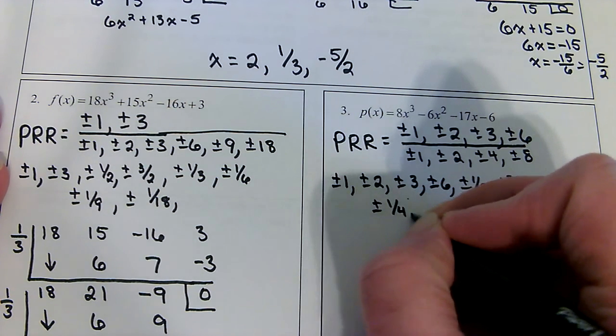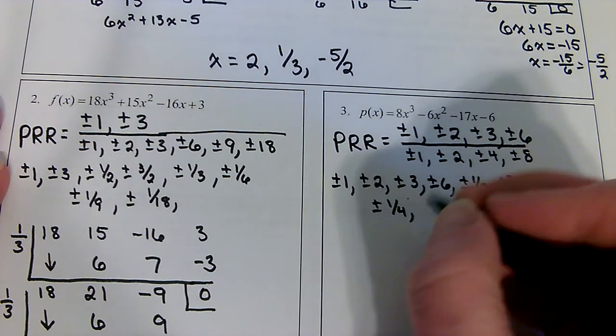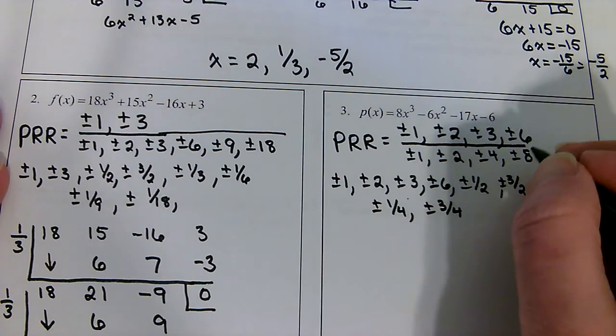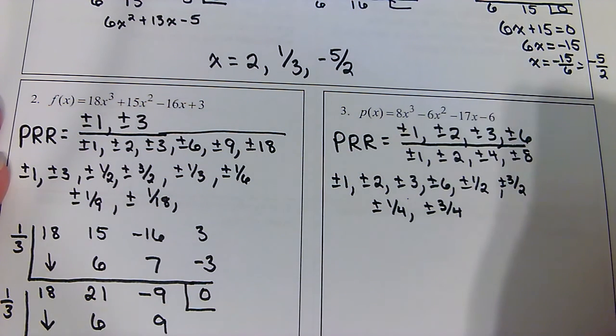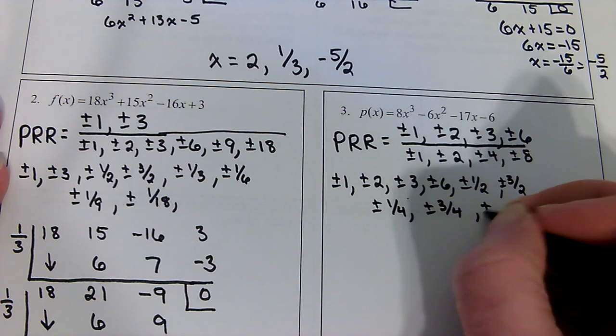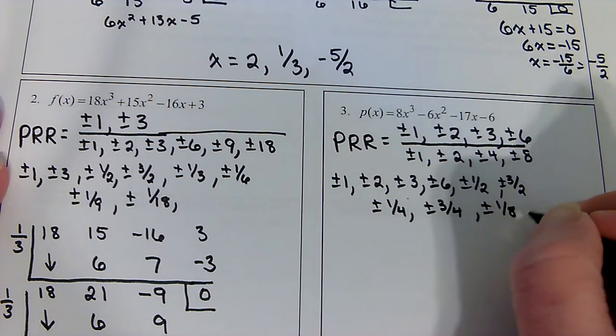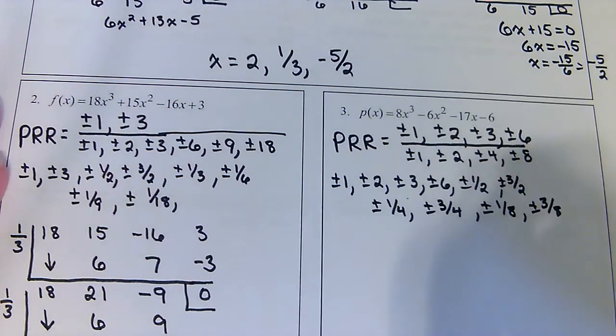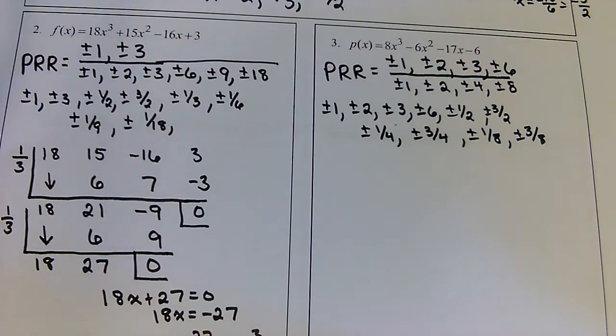Divide by 4, 2 fourths, 3 fourths, 6 fourths is just 3 halves. Now I'm going to divide by 8. 1/8, 2 eighths is a fourth, 3 eighths, 6 eighths is 3 fourths.